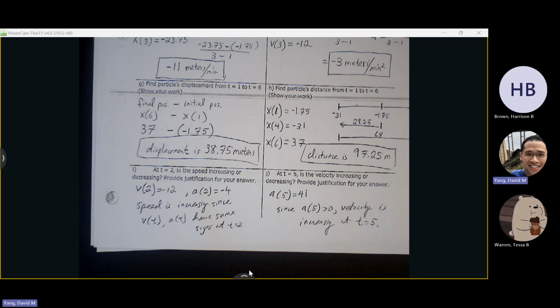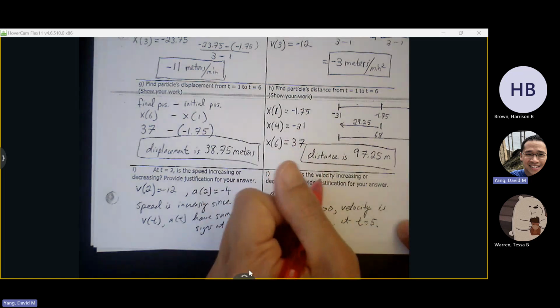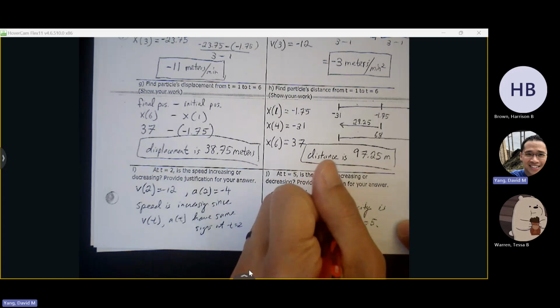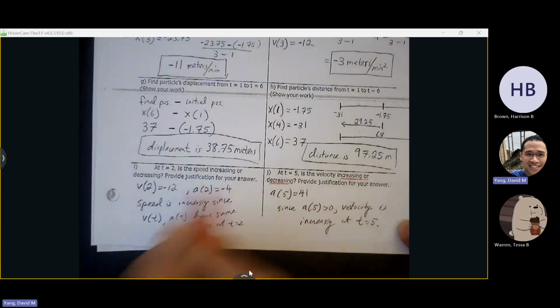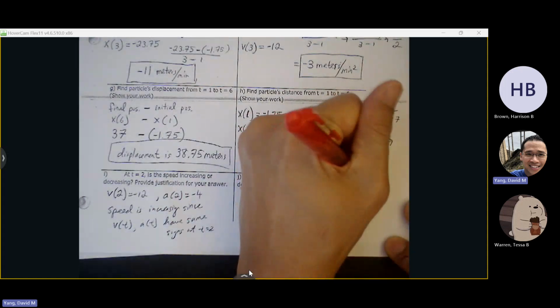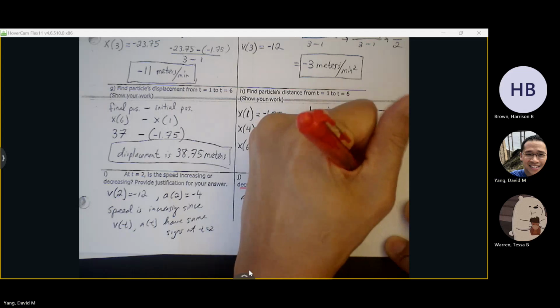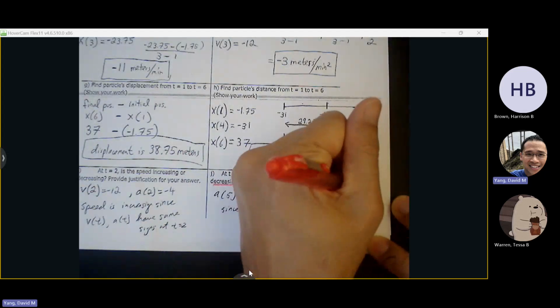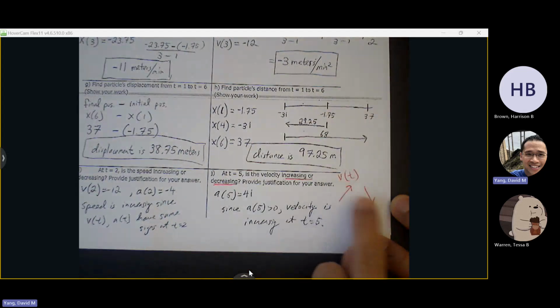So you don't need to find the velocity for J, just if the acceleration is positive, the velocity is always increasing? Exactly. The reason is that it's asking whether velocity is increasing or decreasing. So it wants to know, is the velocity graph looking like this, or like this? Is it rising or falling?